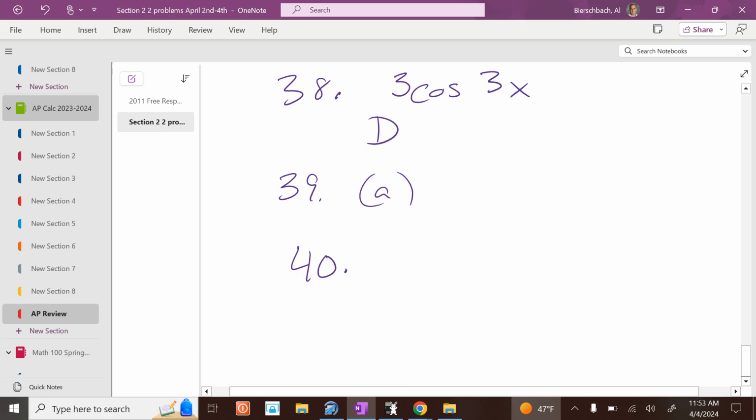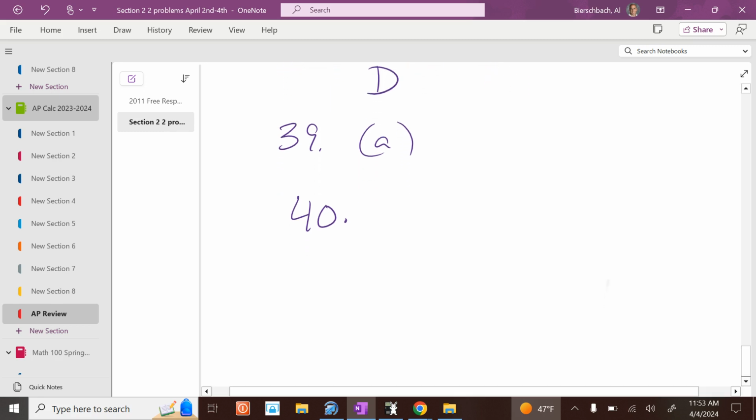40. Whoops, missed 40. Number 40. The radius of a sphere is increasing at a rate proportional to itself. Oh my. If the radius is 4 initially and the radius is 10 after 2 seconds, what will the radius be after 3 seconds?